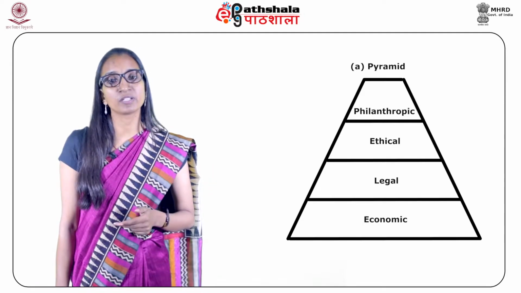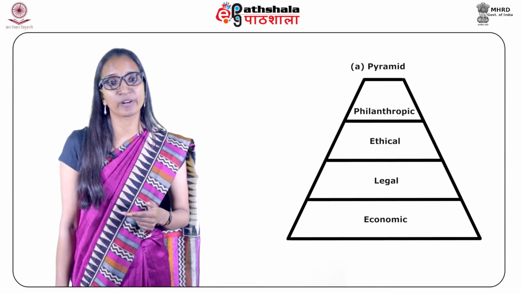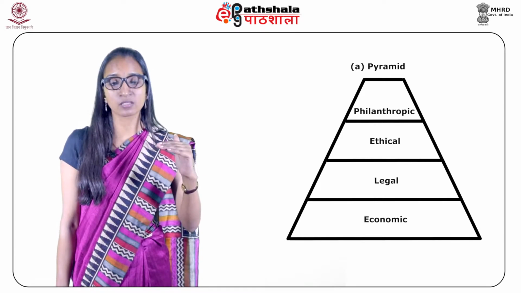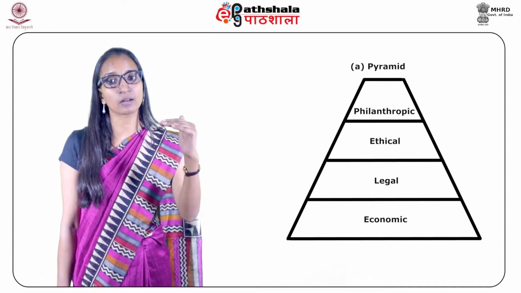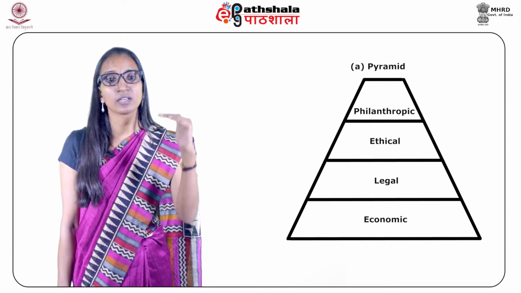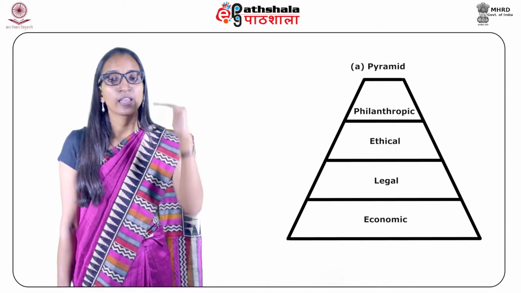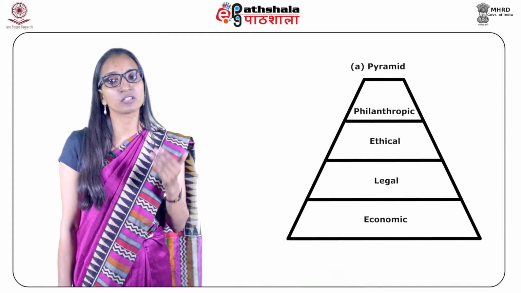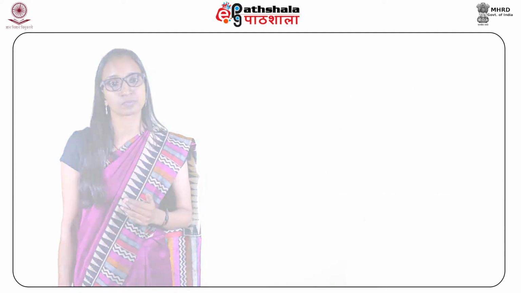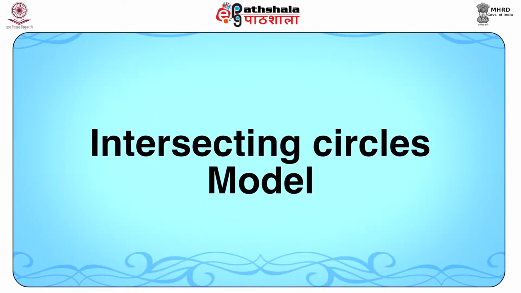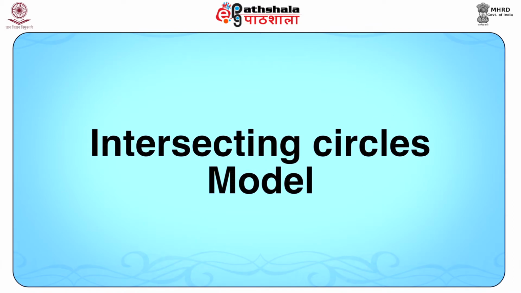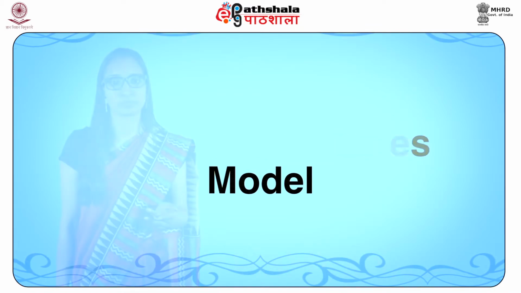All these responsibilities are shown in the form of a pyramid. At the base there is economic responsibility, then comes legal responsibility, then ethical responsibility, and at the top of the pyramid is philanthropic responsibility. The next model is the Intersecting Circles or IC model.